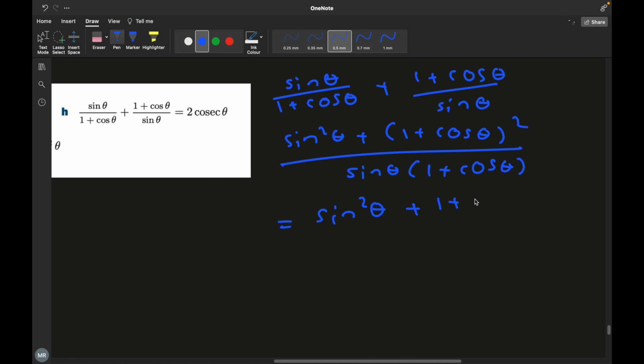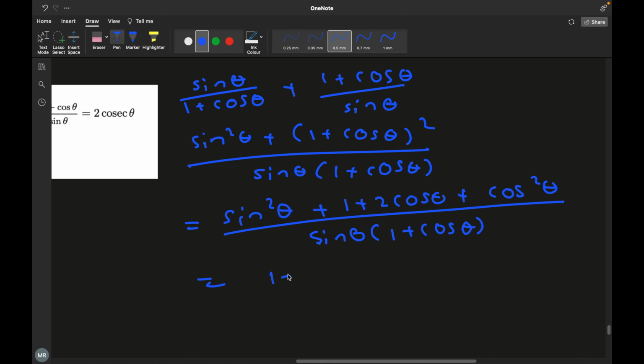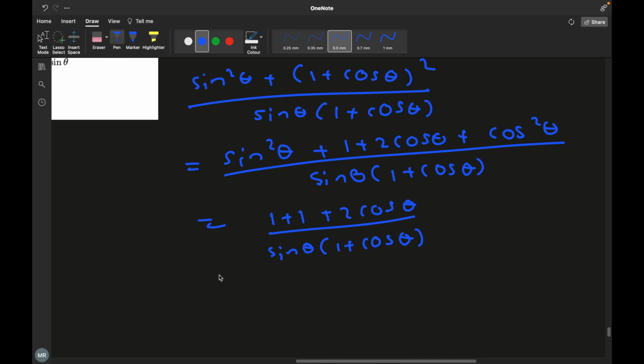We get 1 plus 2 cos theta plus cos squared theta, whole divided by sine theta into (1 plus cos theta). We know that sine squared theta plus cos squared theta is 1, so we can write this. We get 2 plus 2 cos theta divided by sine theta into (1 plus cos theta).